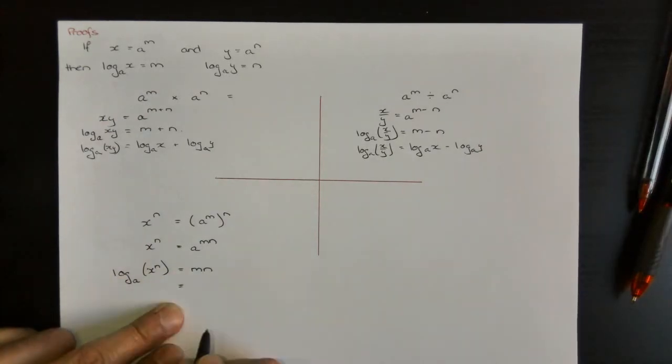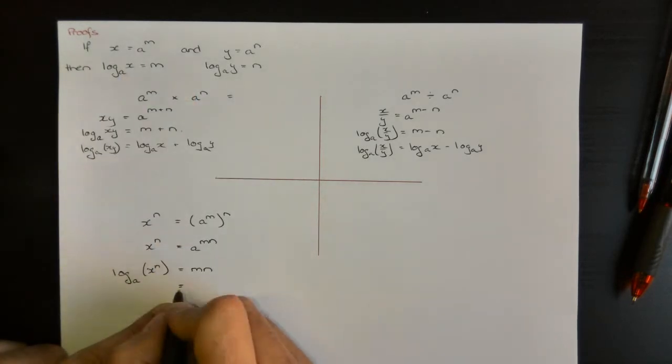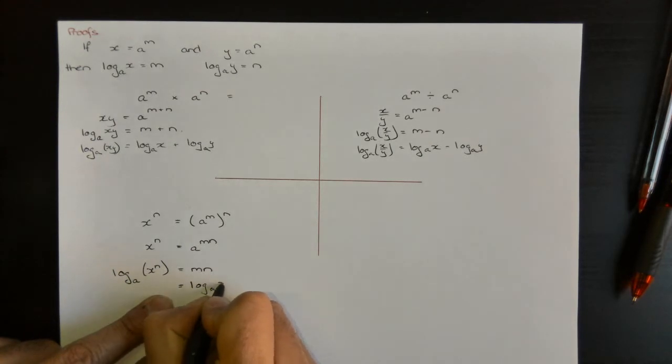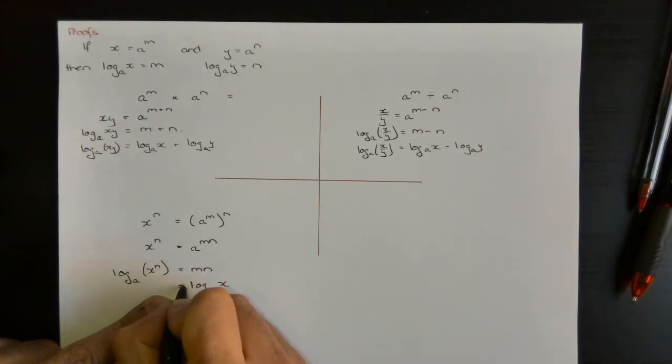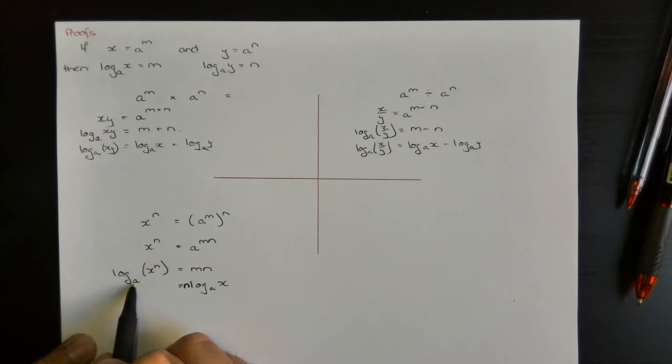What I would do here is keep this n, and replace m with log a of x, and the n just goes on the outside. So log of x to the power of n base a is equal to n log x base a.